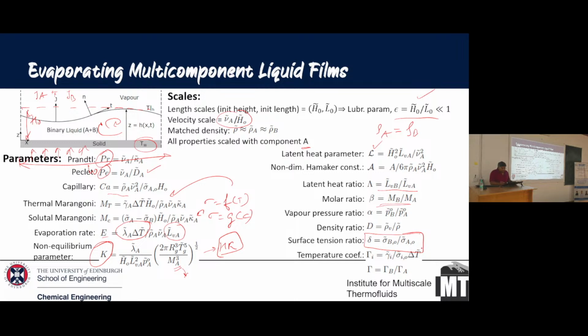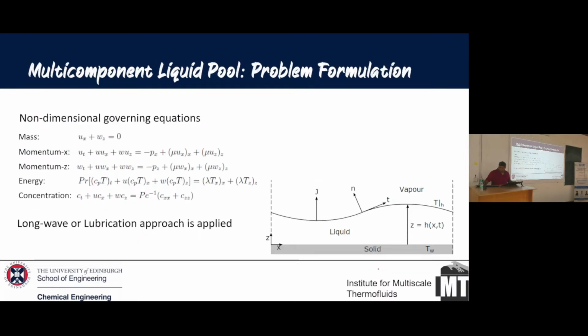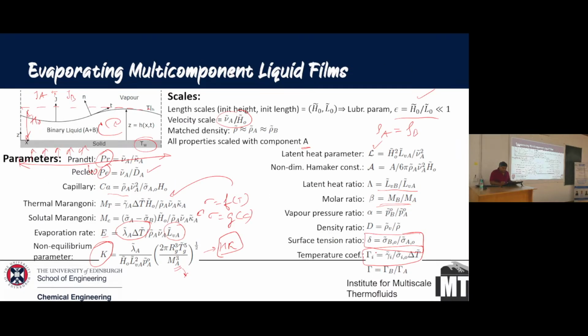You have the temperature coefficient of Marangoni, so basically you will have a Marangoni coefficient for not only A, but also for B. So you'll have a Marangoni ratio there as well. So you can see, just by adding one more component, you have a very, very complex problem. This is supposedly a simpler problem in comparison to a droplet, but just look at the level of parameters you have. It's really mind-boggling.